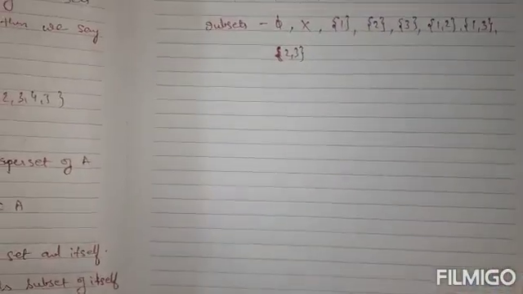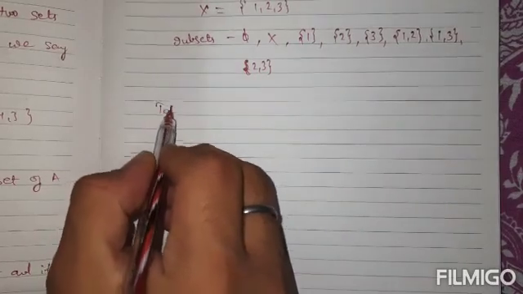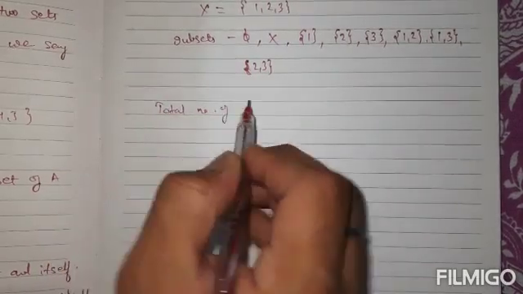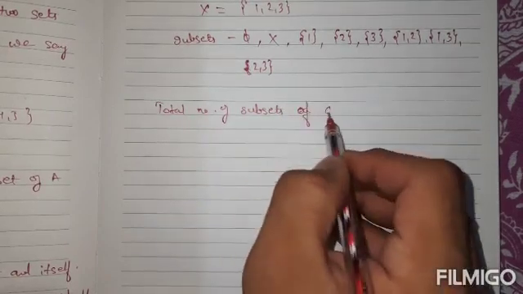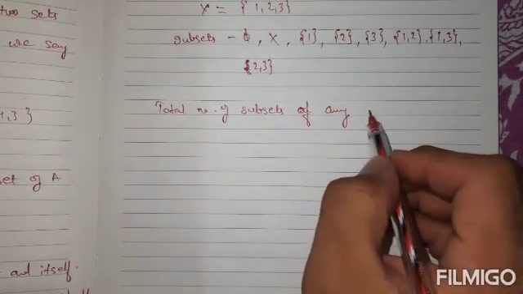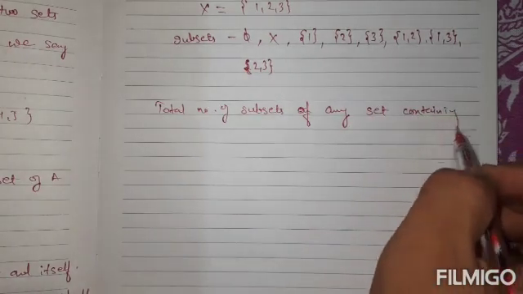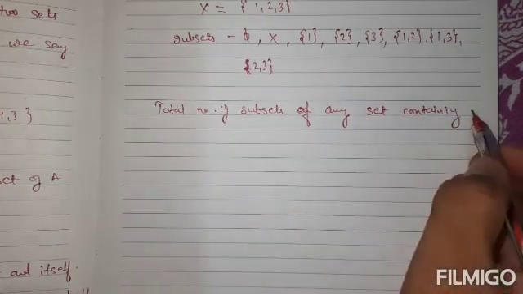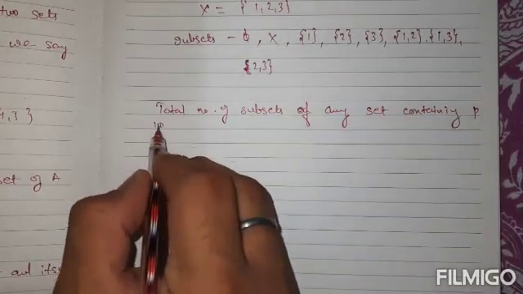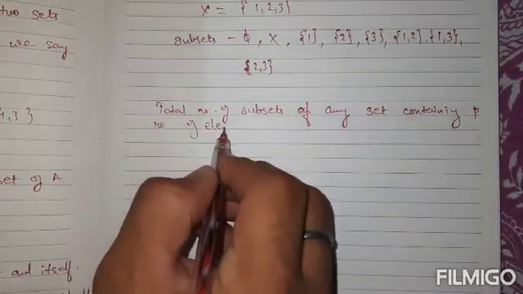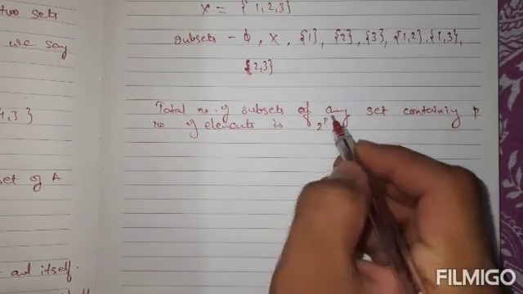We can write a general formula for this: the total number of subsets of any set containing p number of elements is 2 raised to p.